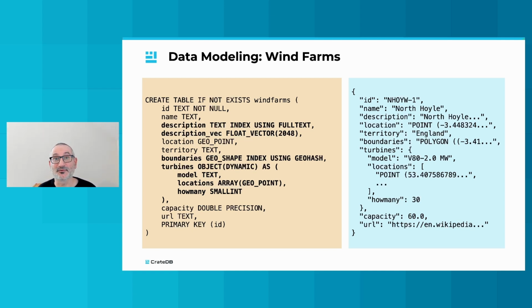We're expecting an array of geopoints in there for the locations of the turbines. And we're expecting a number for how many turbines there are. We could add more stuff into this later, and if we put a document in there that had additional fields, CrateDB will automatically expand the schema to include those and index them from that point onwards.